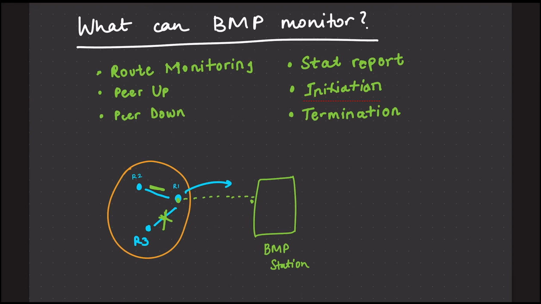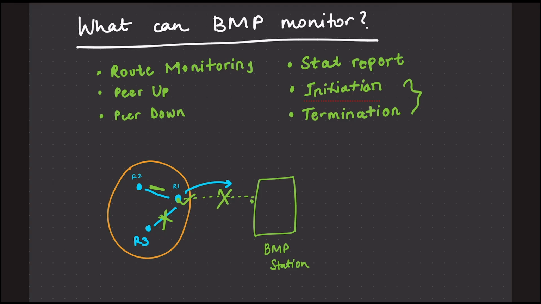So the last two types of messages are initiation and termination messages. An initiation message is sent whenever a BMP monitoring session starts, and a termination message is sent whenever the connection between the station and the router ends.